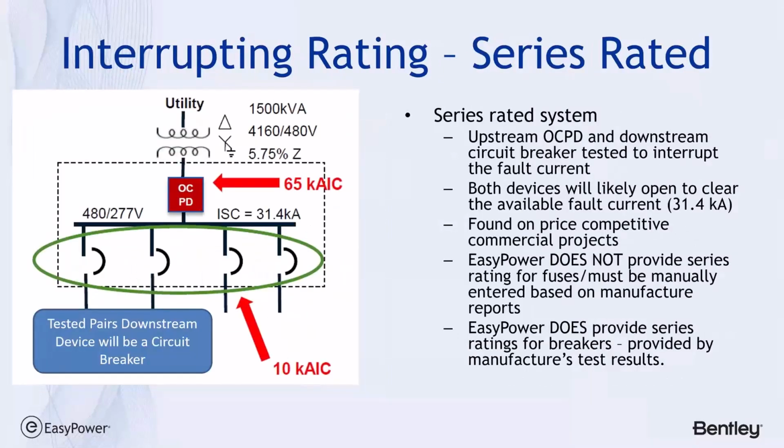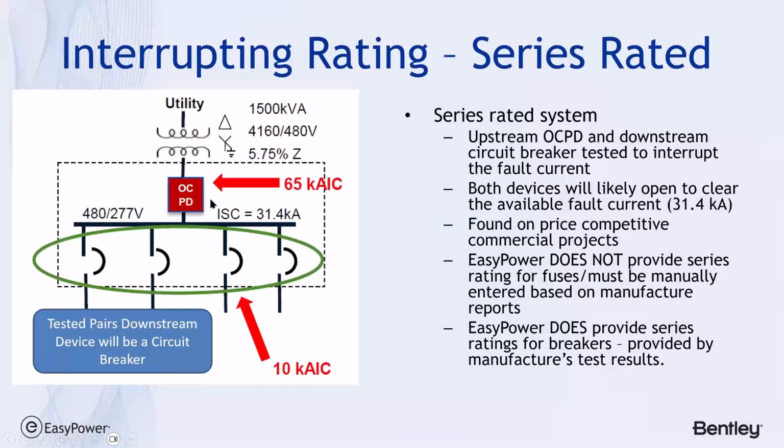Now, series rating is, in effect, when I use a higher rated upstream device to protect lower rated downstream elements. In this case, we have a short circuit available current on this bus of just under 32,000 amps. Each of these breakers is only rated for 10,000 amps interrupt rating.